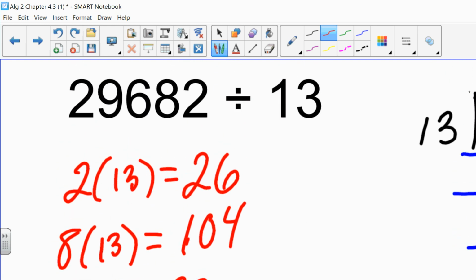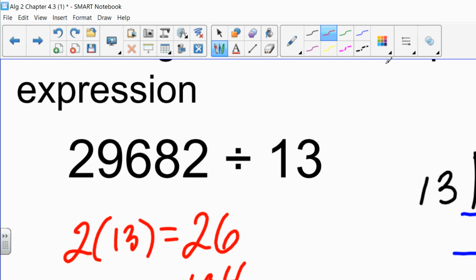And to put the remainder, we would come up here and write it as a fraction, 3 over 13. R3 is the same thing, just saying a remainder of 3. Any questions on this here?